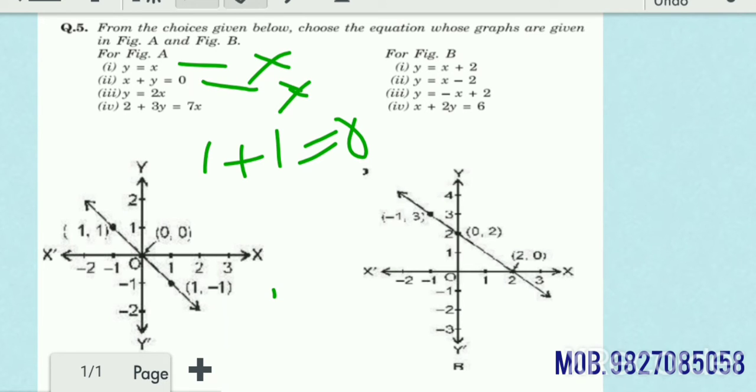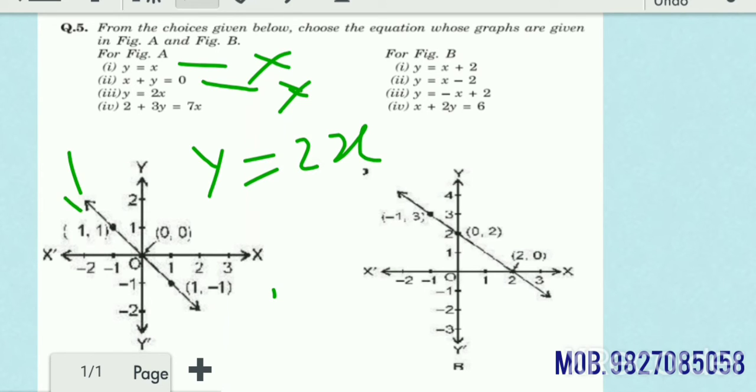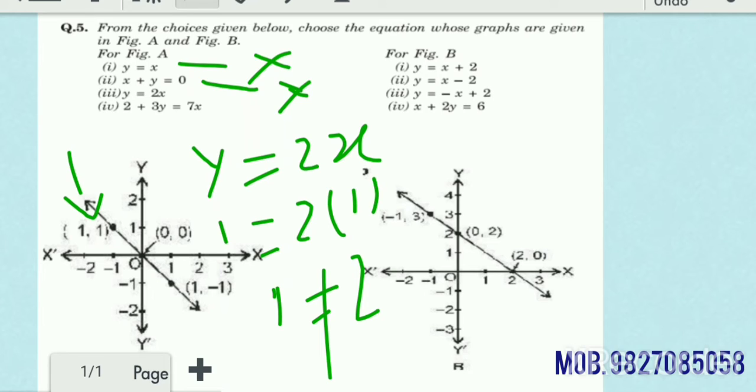Okay, now for the third, y is equal to 2x. Put the value of this point, here 1 and here 1, so we get 1 is equal to 2, which is not equal, so the third is also wrong. Now fourth.